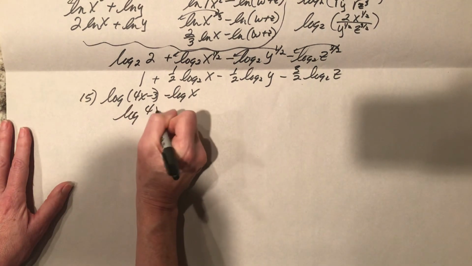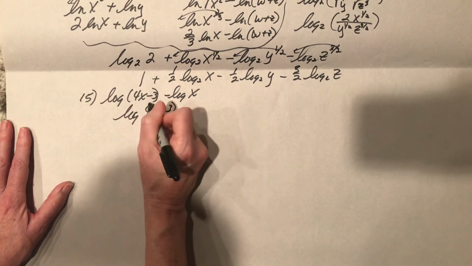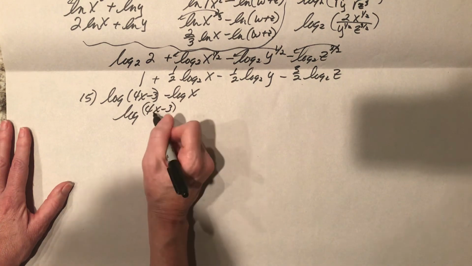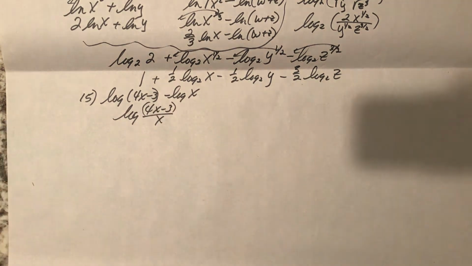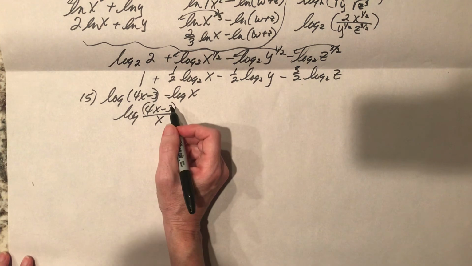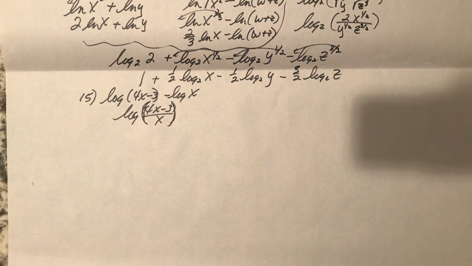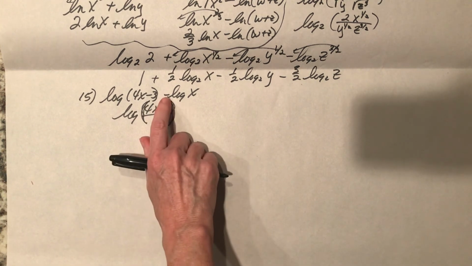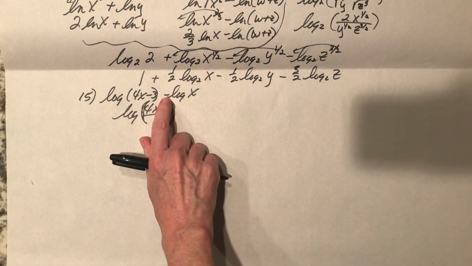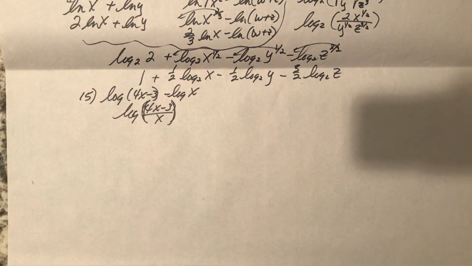So common log of 4x minus 3, it's 2 parts, so I'm going to put a fraction over it, and then over x. Let's make those parentheses over all 3 parts, the 2 terms there and the term in the bottom. And that's it. That's all they're asking you to do. This was a subtraction problem, but it indicates to you originally it was a division problem.